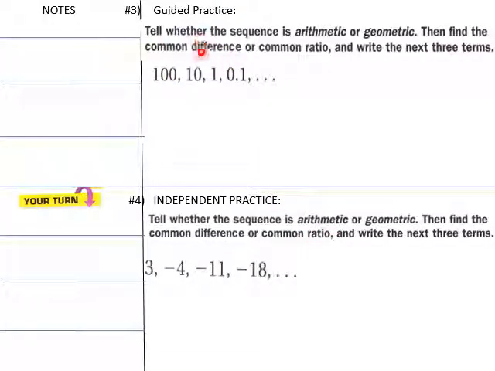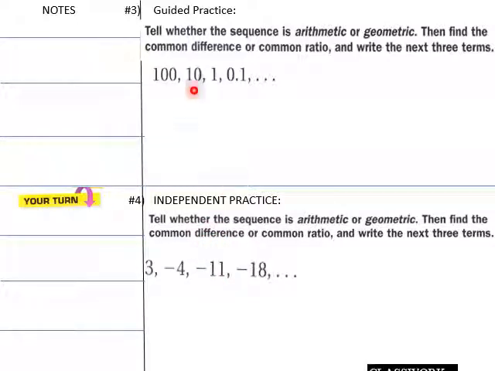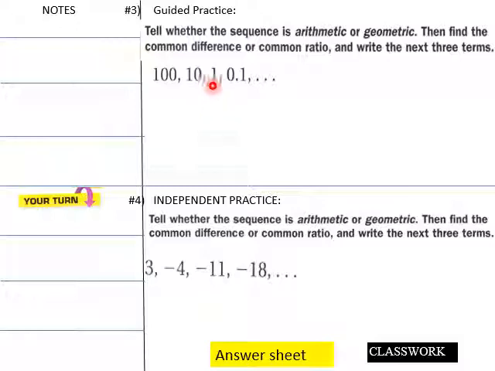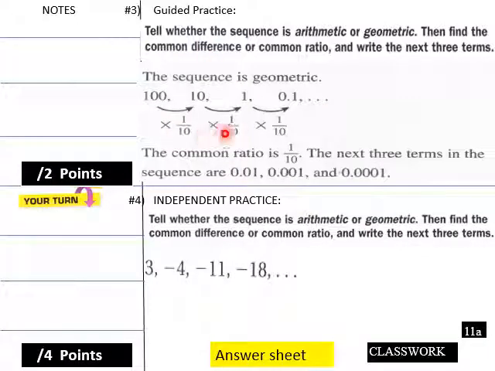Okay, our guided practice: tell whether the sequence is arithmetic or geometric. Then find the common difference or common ratio, and write the next three terms. Same thing for you down here, students, so pay attention. And for our guided practice today, here is the situation: 100, 10, 1, 0.1.